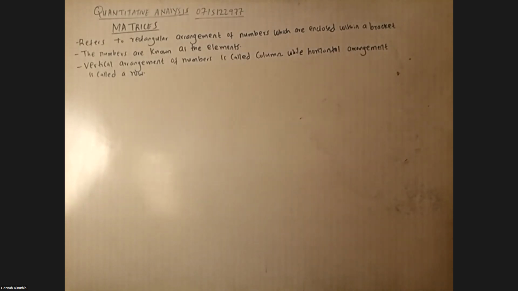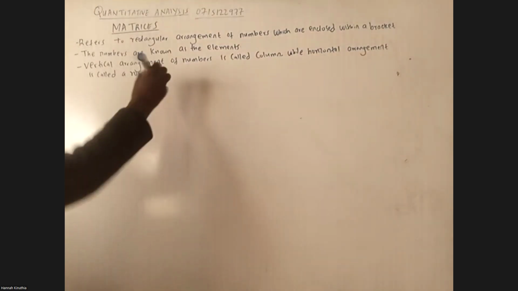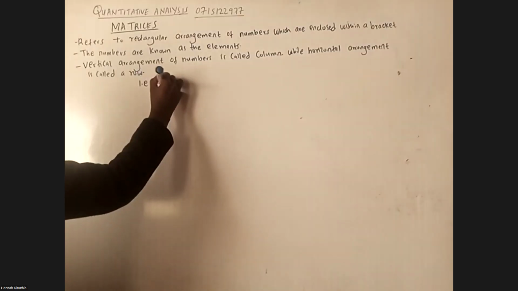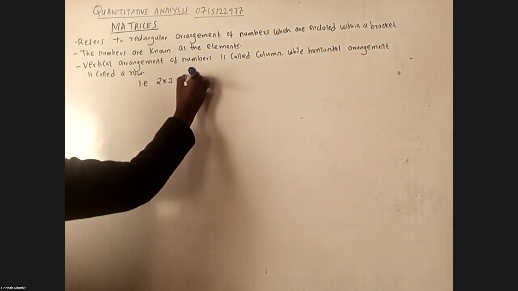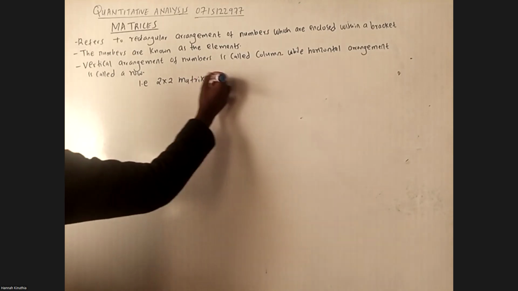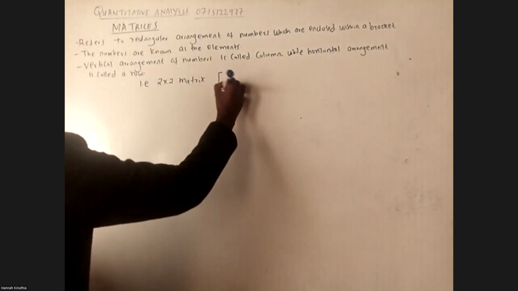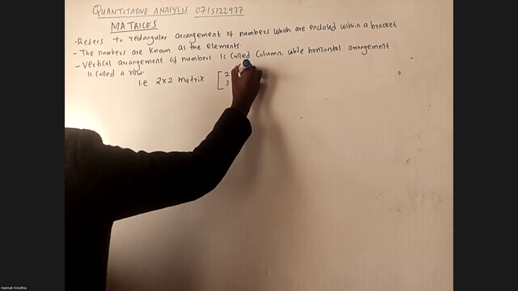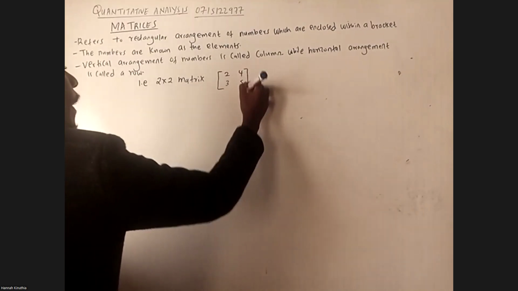That one is okay. We can give an example, i.e., a 2 by 2 matrix: 2, 3, 4, 5.